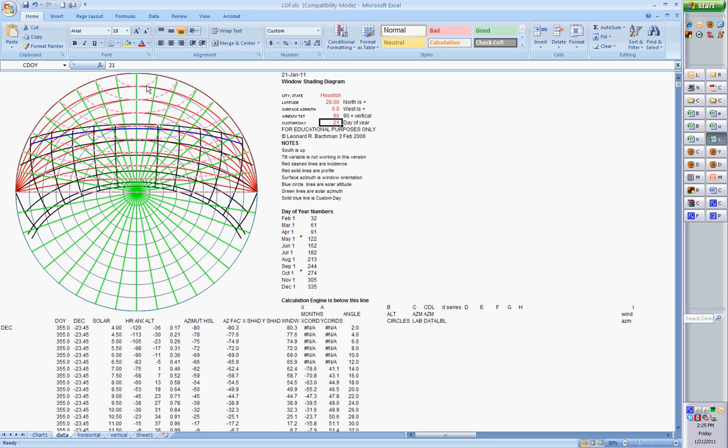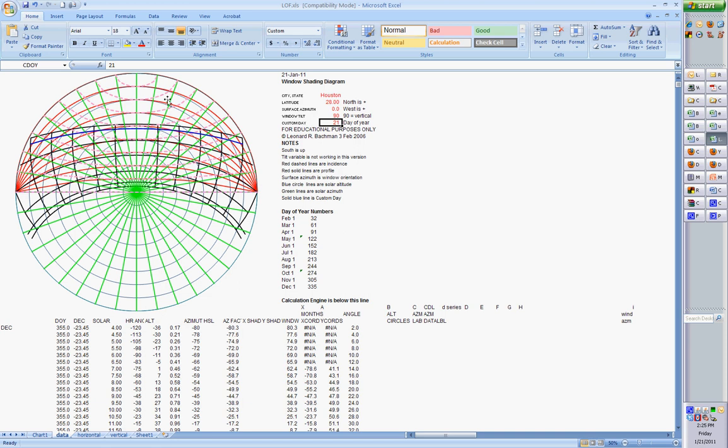At 1 o'clock the sun is about 20 degrees, call it 19 degrees west of south, so that's a solar azimuth angle of plus 19, and the altitude is about 10, 20, 30, 40 degrees above the horizon.